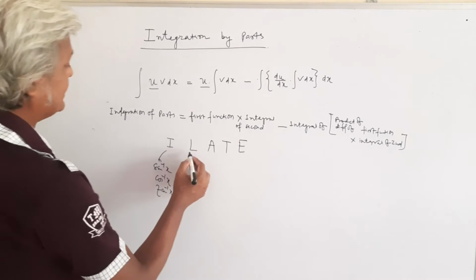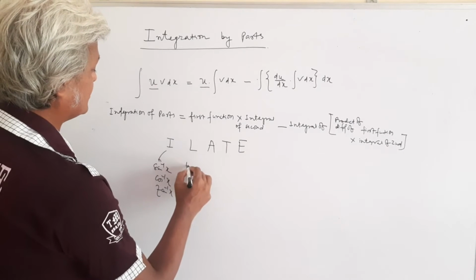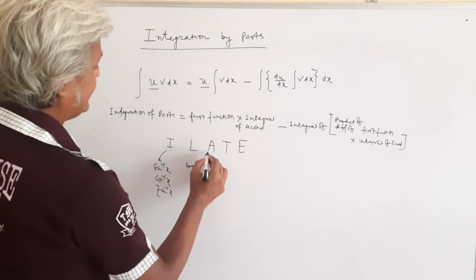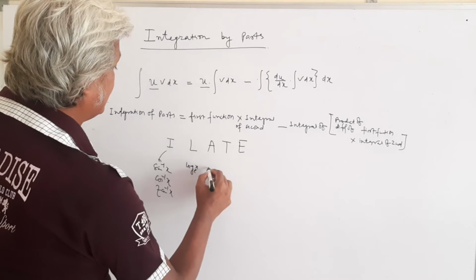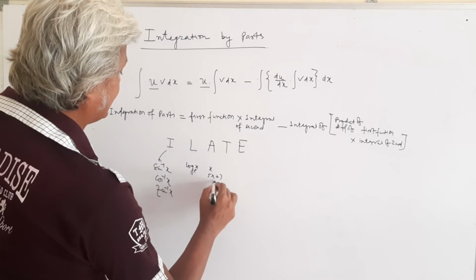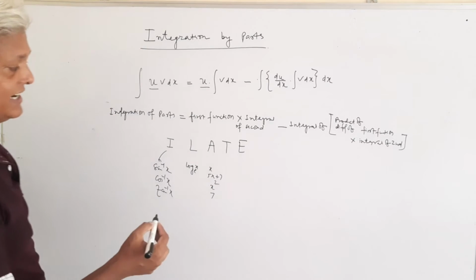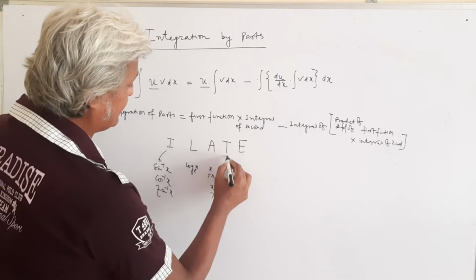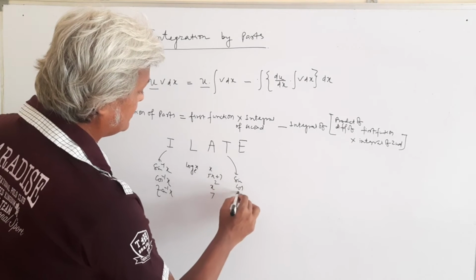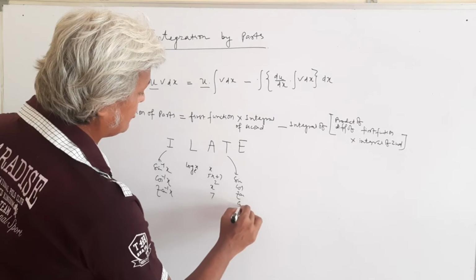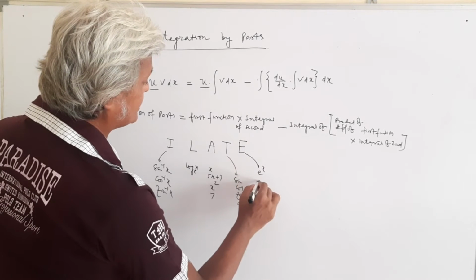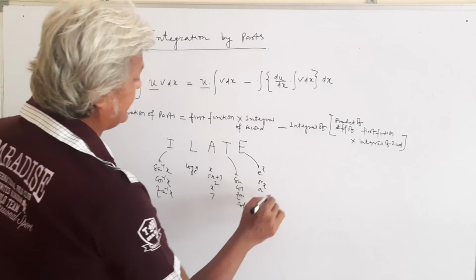L is the log function, log x to the base e. A is algebraic functions like x, 5x plus 7, x square, or a constant. T is the trigonometric functions like sine, cos, tan, cot. And E is the exponential, like e to the power x or a to the power x.